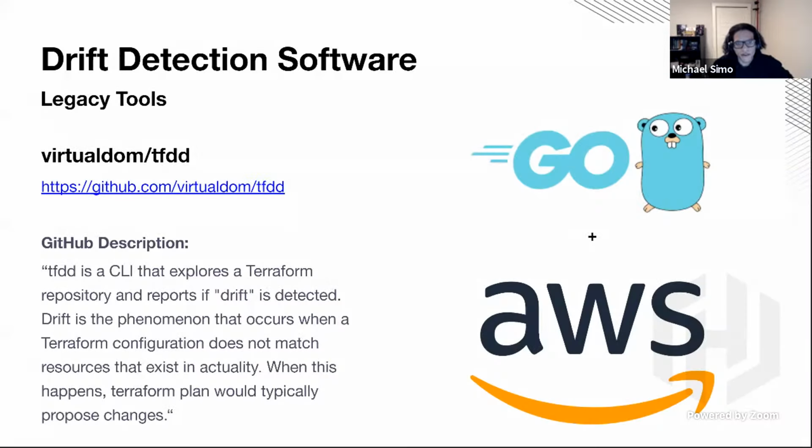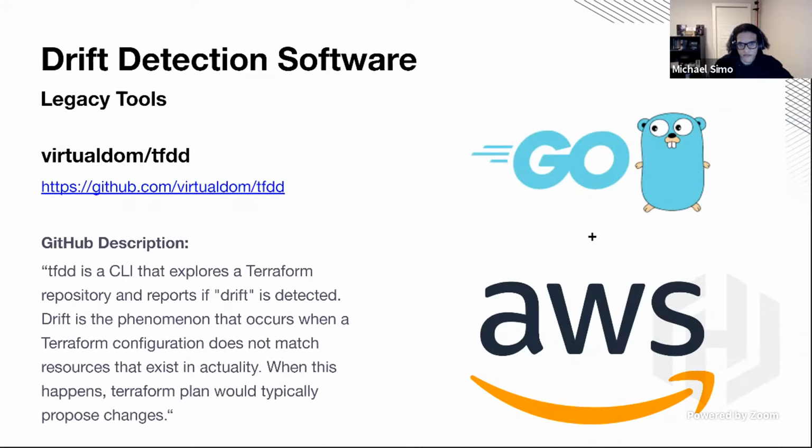The other one, Virtual DOM TFDD, I believe was created by an employee of Lob. This is a very similar tool to Drifter. It worked in the same kind of way, with custom logic to download repositories. But I believe this one also scanned AWS resources, and then it would see what's actually live on AWS and ensure that the things that were not present in Terraform were reported.